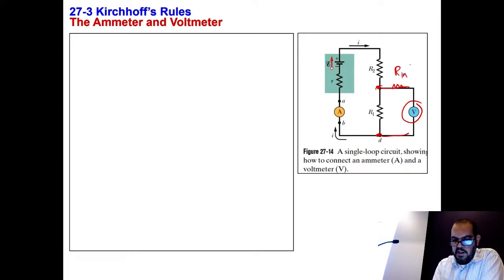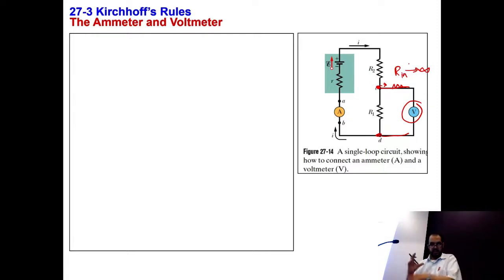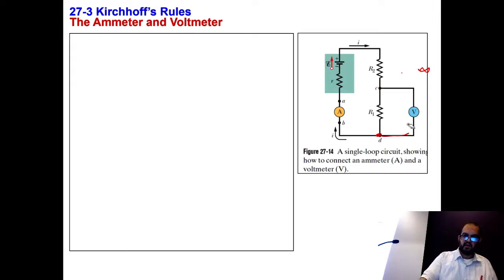The resistance is very high, so that there is no current flowing here, or almost zero current. So usually a voltmeter, when we connect it, does not affect our circuit. We don't want it to affect the circuit because we want to measure the voltages at 2 points in the circuit.